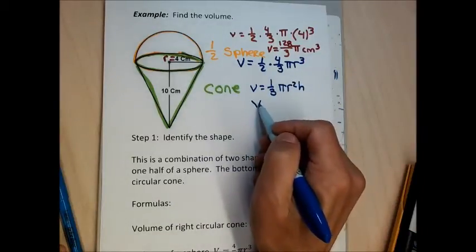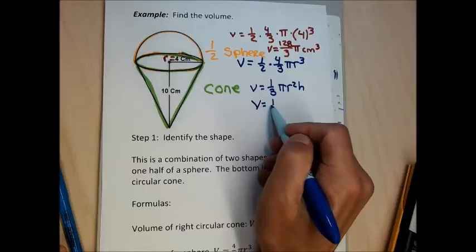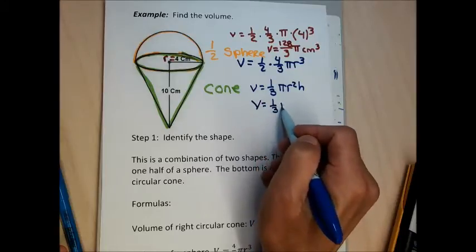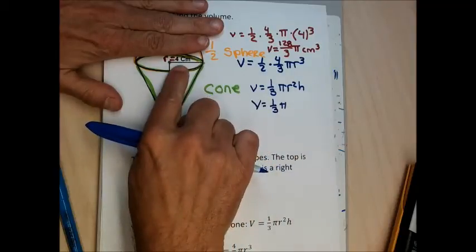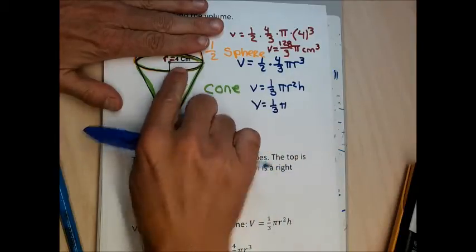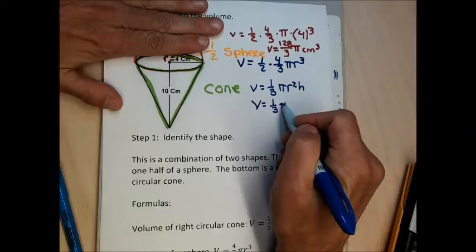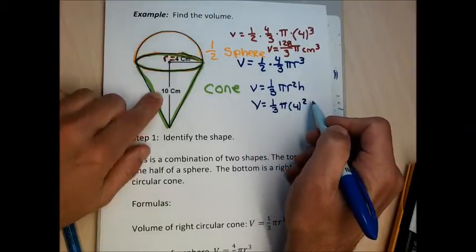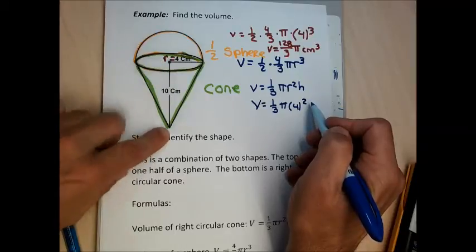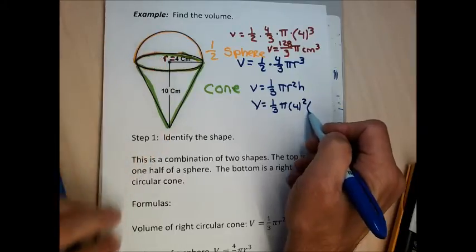So for the cone, I know the formula has a 1/3 and a pi. The top of the cone is still the circle, and the circle has a radius of 4. So in for that r, I'm going to plug 4 squared, and in for the height, that's the distance from the tip to the circle, is going to be 10.